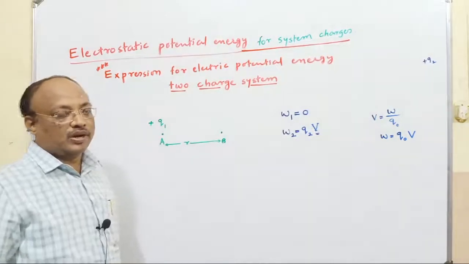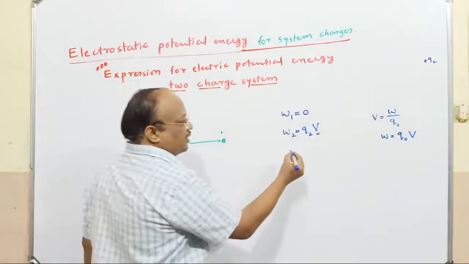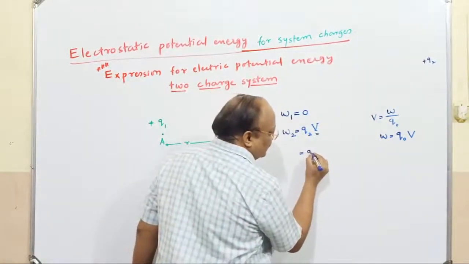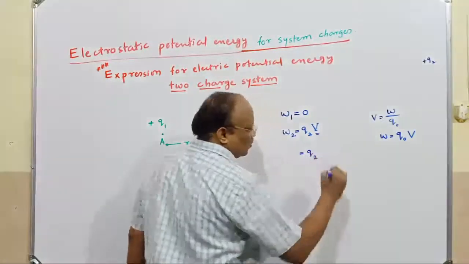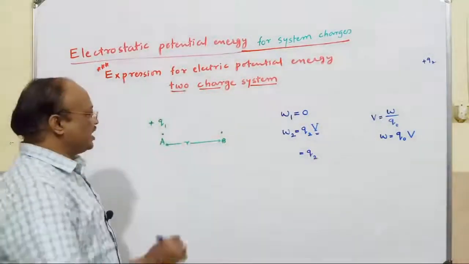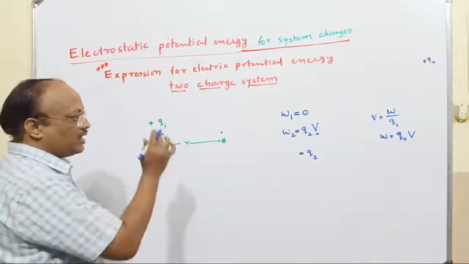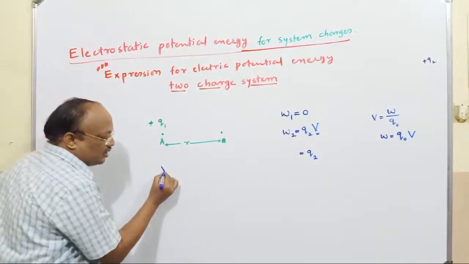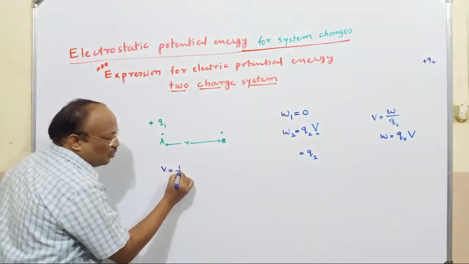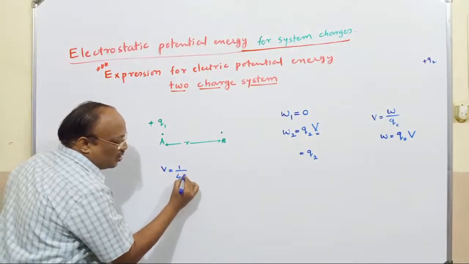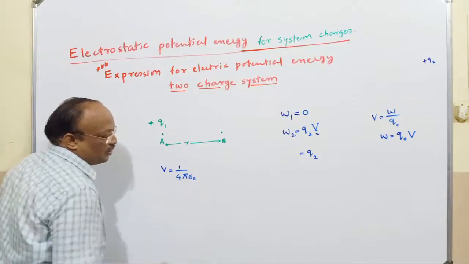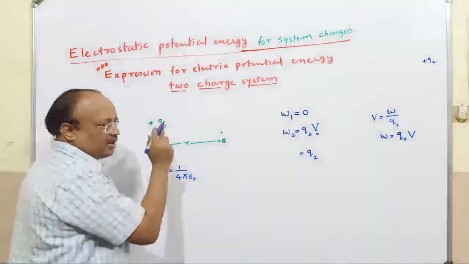So what is the electric potential there? Electric potential at point B due to Q1. How do I write the expression? V is equal to 1 by 4 pi epsilon naught. Which charge is creating the potential?